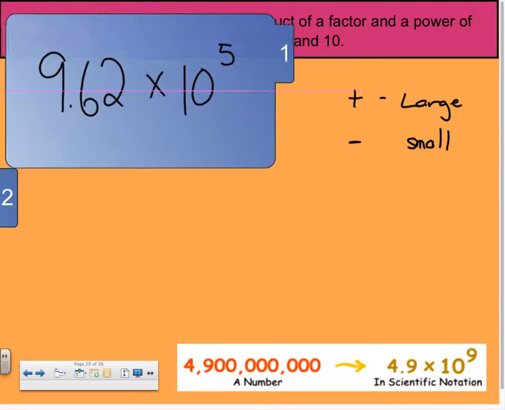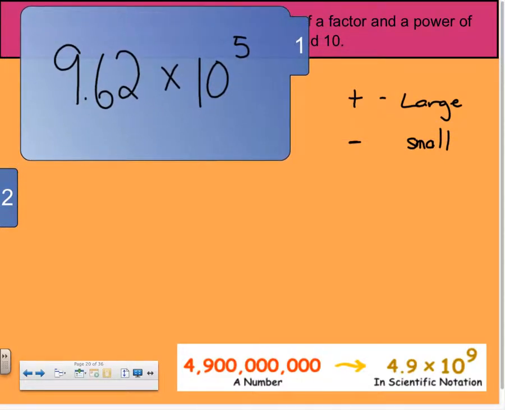All right, I have 9.62 times 10 to the 5th. All right, zero in on that exponent. Is it positive or negative? Positive. Antoinette says it's positive. That's correct. If the exponent is positive, which way am I going to move? I'm going to move it to the right.